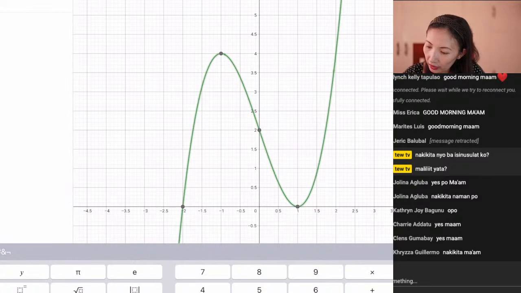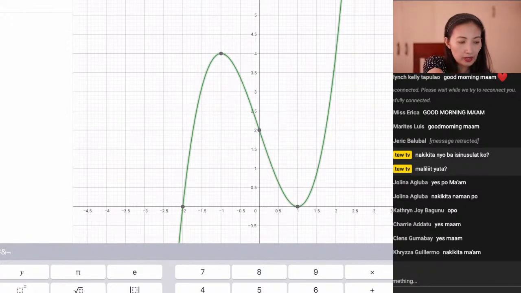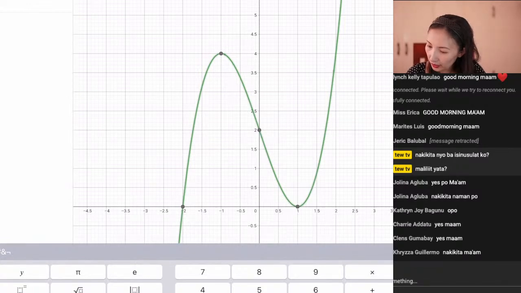Okay, let me check if I input the correct function. X squared over x minus 1, I should say. Okay, our original function is x squared over 1 minus x squared. Sorry. 1 minus x squared.